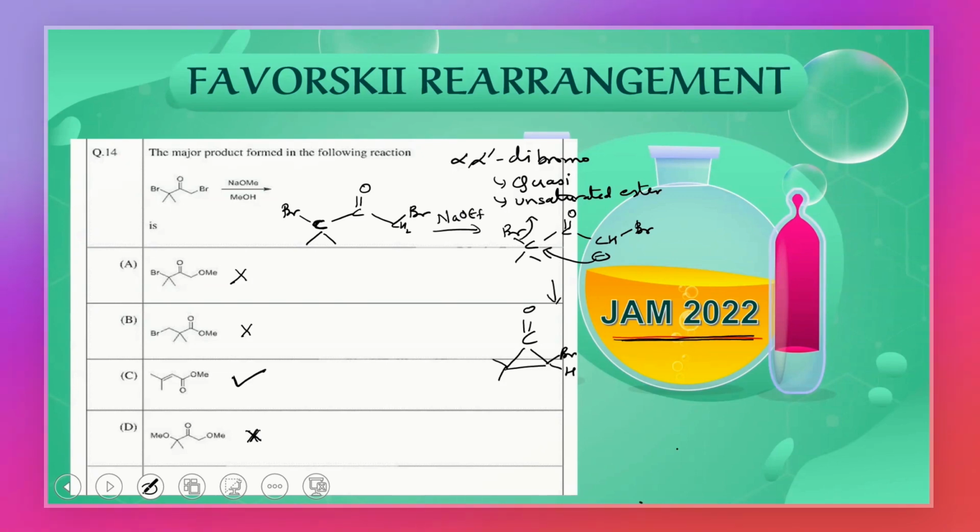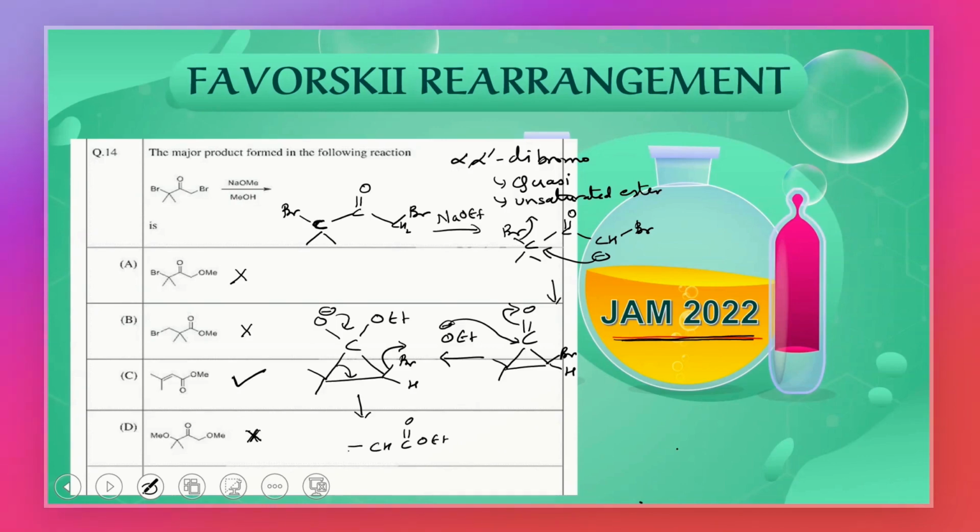Now I will attack using the OEt minus. You know all this very clearly. So maybe you're not looking into what I am doing, you can do it yourself and find the product. So now when this reverts back, we should make it a point that the Br should go out. The shifting of bond should be such a way that the Br goes out. So what I get here, I get COOEt, then I have the CH, I have the double bond, and I have the carbon containing the gem dimethyl group.